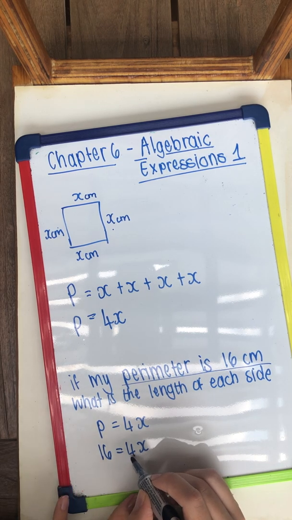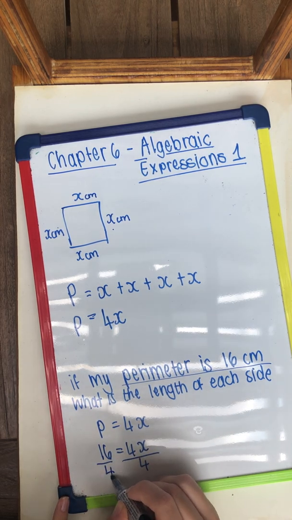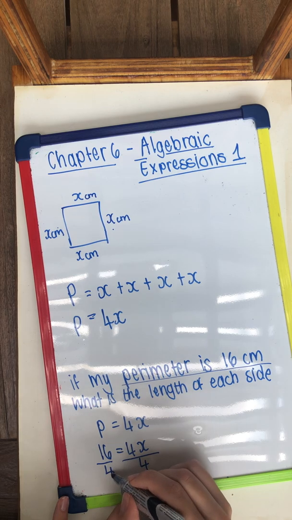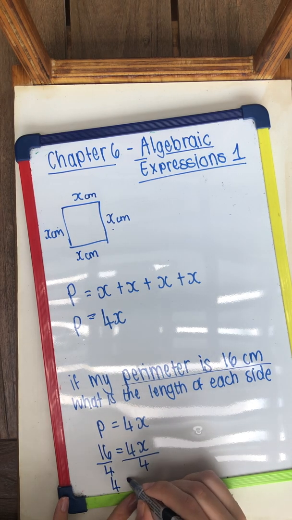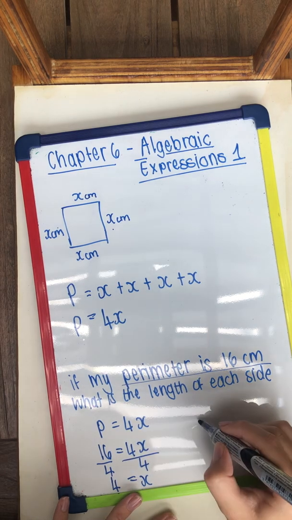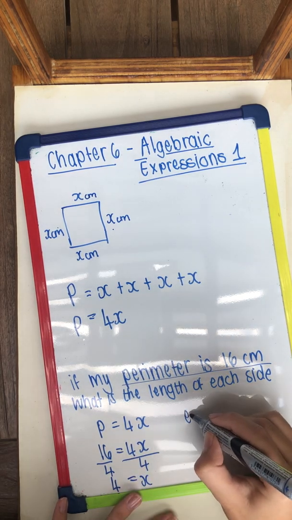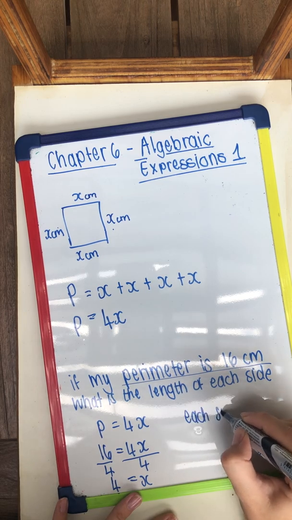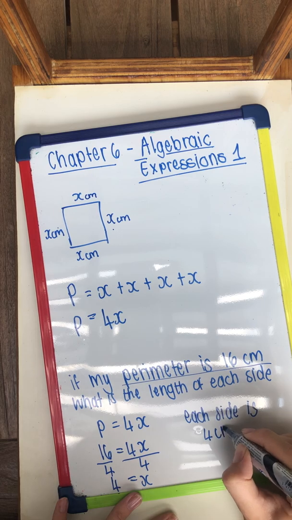I've got times by 4 here. So to get rid of it, I divide each side by 4, which gives me 16 divided by 4 is 4, and that's X. So because X is equal to 4, each side is 4 centimeters.